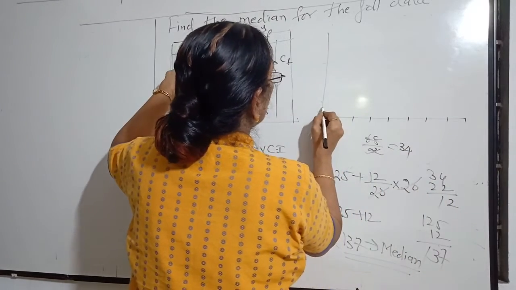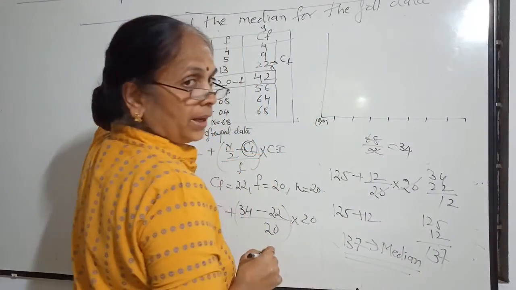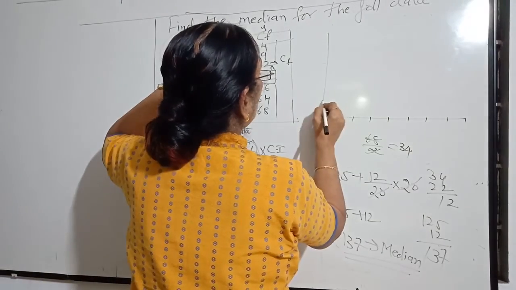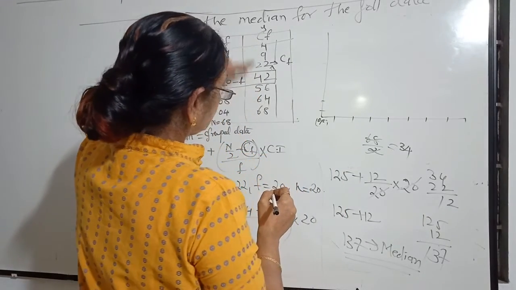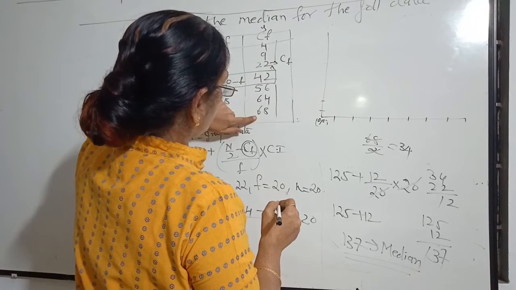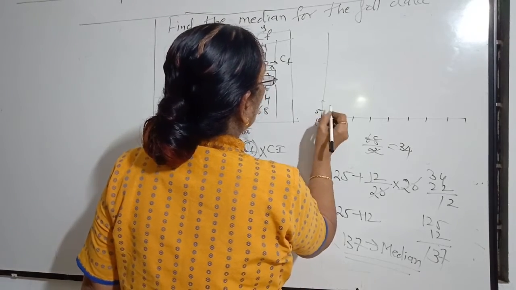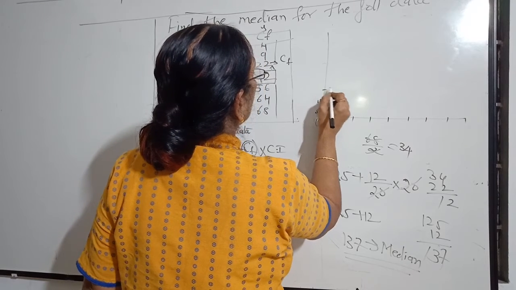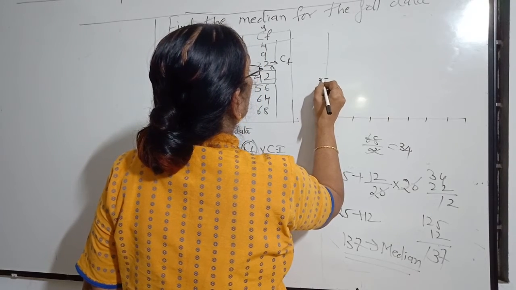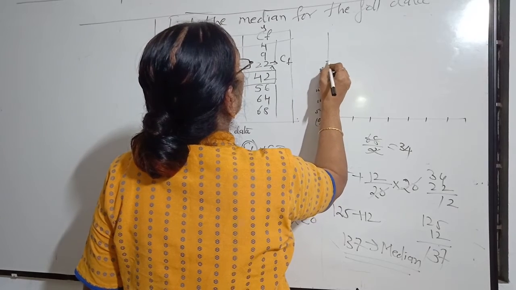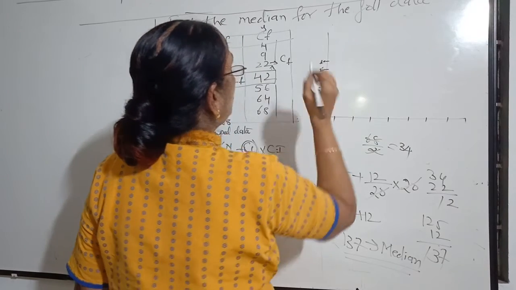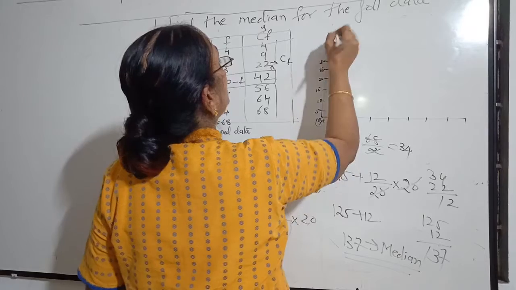And here also, you will be given a graph in the examination hall. Divide it properly. The highest number is 68 and the lowest number is 4. So you divide it into 5, 10, 15, 20, 25, 30 and so on.